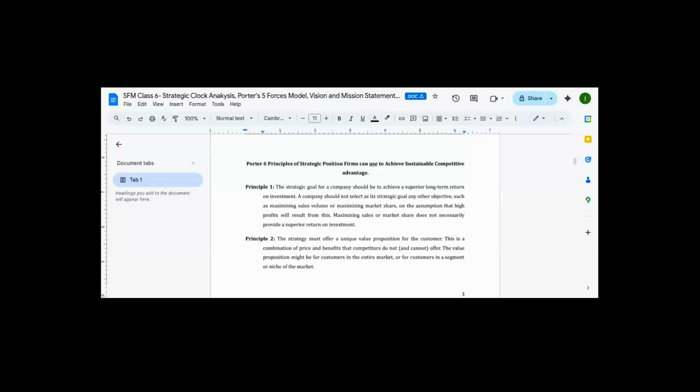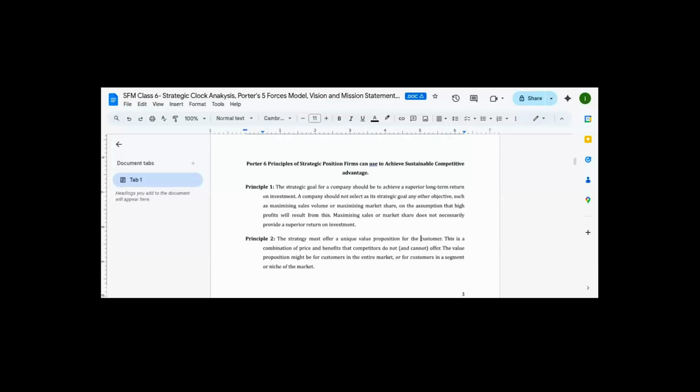The second principle, once we have set long-term goals on return on investment, is that the strategy must offer a unique value for the customers. Any strategy that we are using must offer value for the customers, must increase the perceived value of our customers. For instance, we said hybrid strategy, using price and offering differentiated products, or using price and offering innovative products.